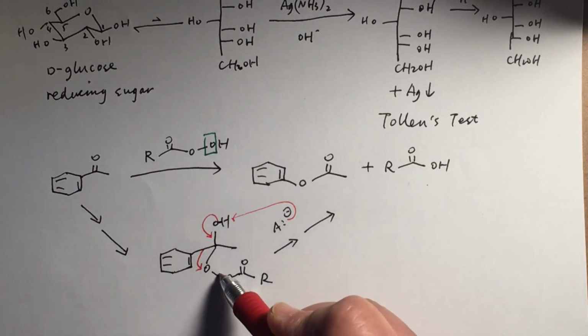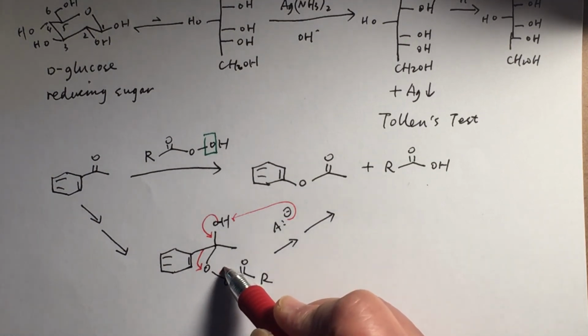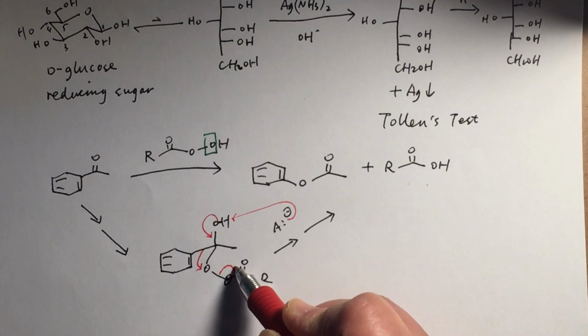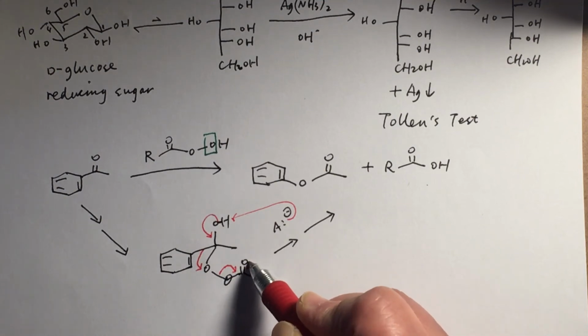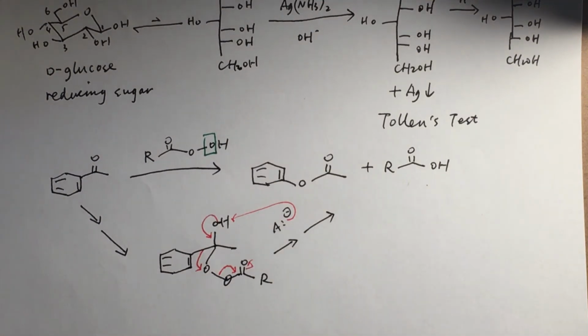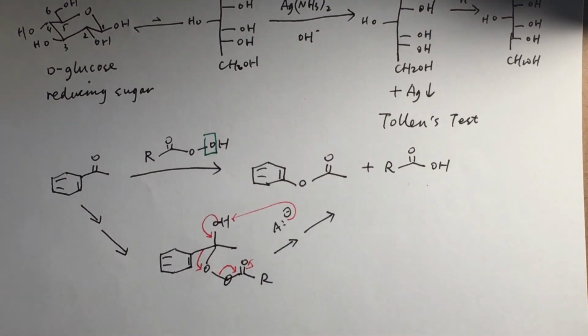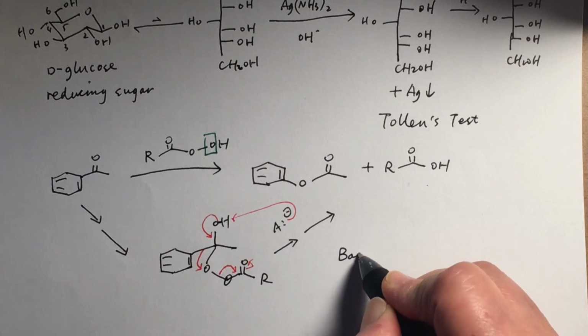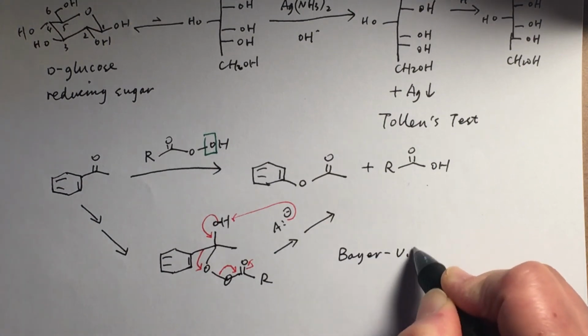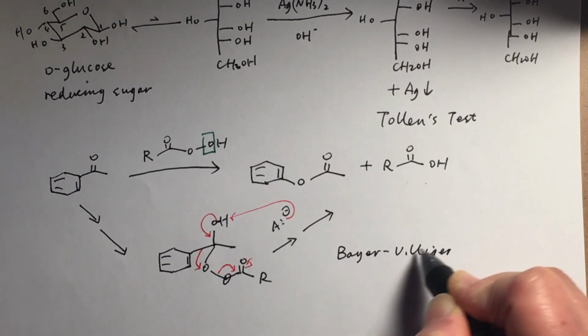At the same time, this oxygen-oxygen bond is broken, and you're generating a very stable leaving group. Multiple mechanistic steps eventually lead to the formation of the corresponding ester. And this particular reaction is generally referred to as the Baeyer-Villiger reaction.